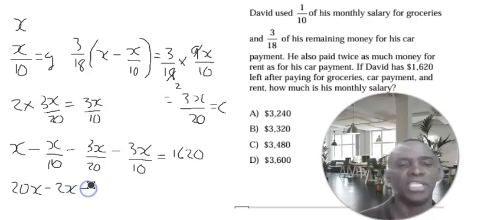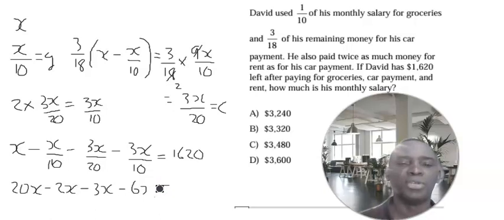Then minus again 20 times 3x over 20 will give us 3x. Then minus 3x over 10 multiplied by 20 should give us minus 6x. Do you understand?